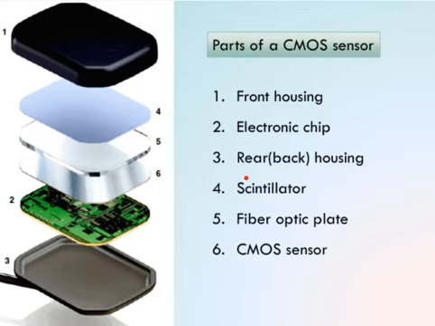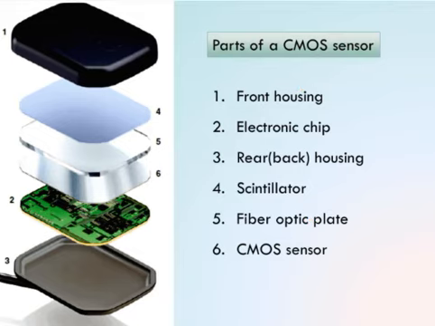So the fiber optic plate acts as a small barrier to protect the substrate from any X-ray beam, because the substrate, that is the electronic chip, is very sensitive to X-rays, so it can get damaged very fast. Now number 6 is the CMOS sensor, complementary metal oxide sensor. The main difference between a complementary metal oxide sensor and a CCD is that the CCD will not have number 5, that is the fiber optic plate.